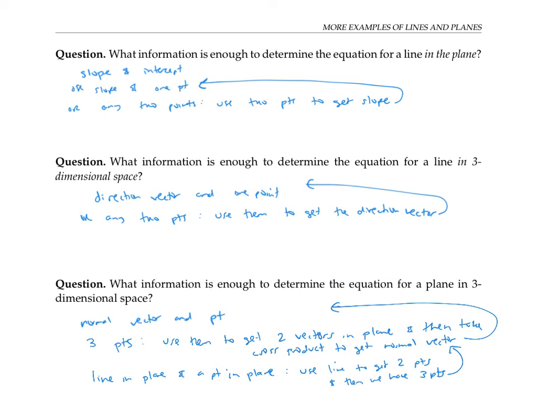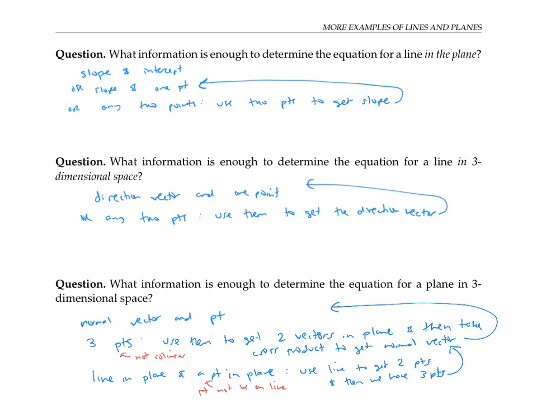I should mention here that when we're talking about 3 points, they need to be not collinear. Otherwise, if they're collinear, that means all on a line, they won't determine a plane. And the point needs to not be on the line, so that the 3 points won't be collinear, and you'll determine a plane.